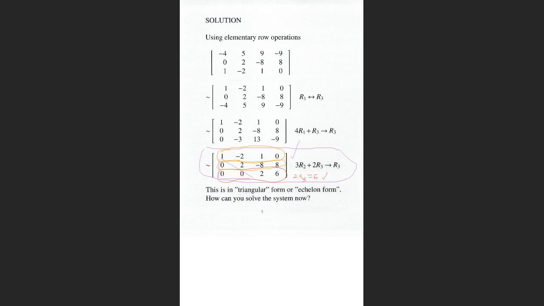But what we have to do now is we have to work backwards. Okay, we worked basically downwards, getting this triangle here on the bottom left, right? We work downwards.